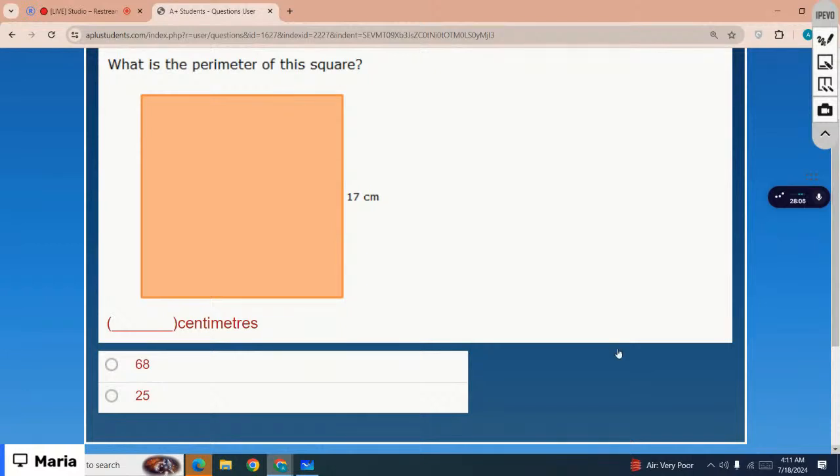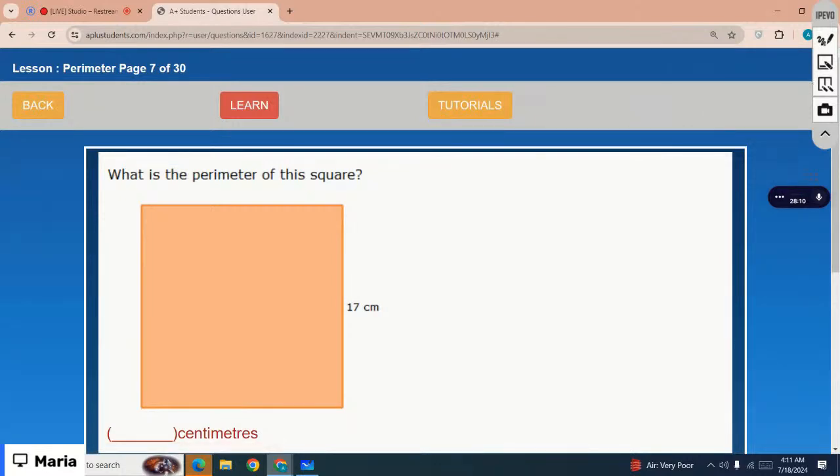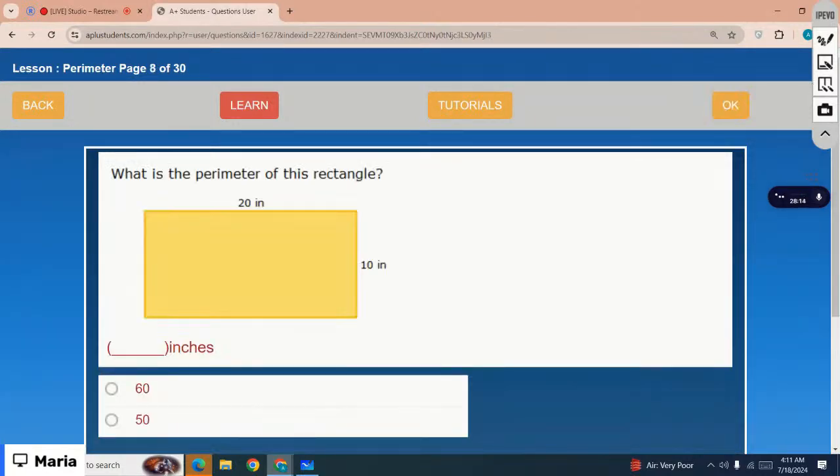Yes, that is 68. Option number one is the correct option. What is the perimeter of the rectangle?